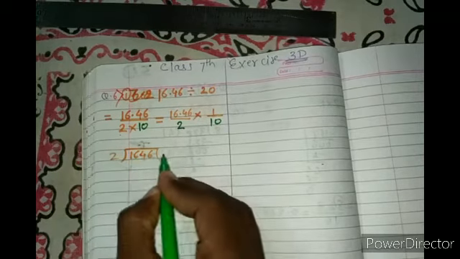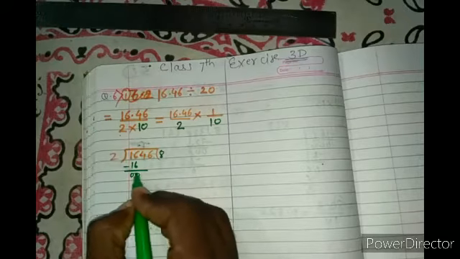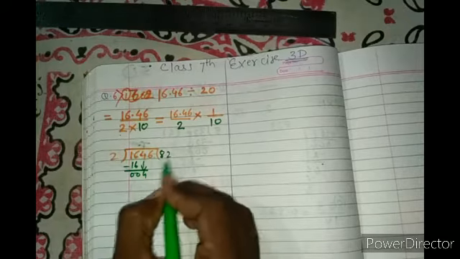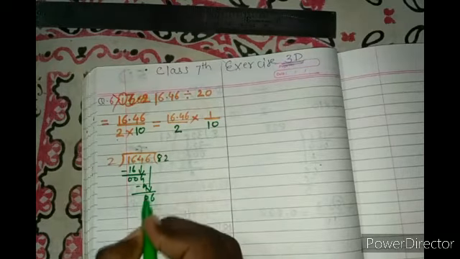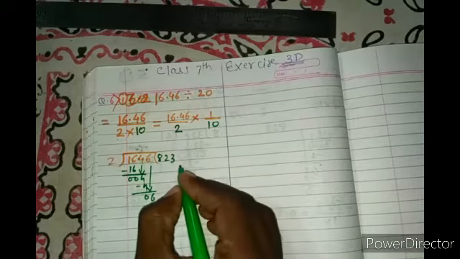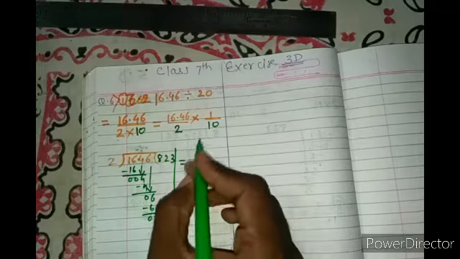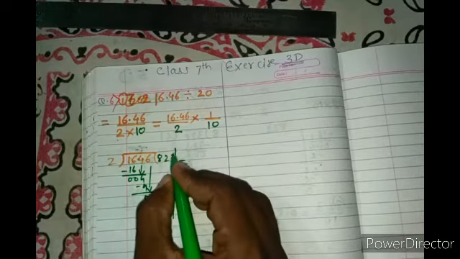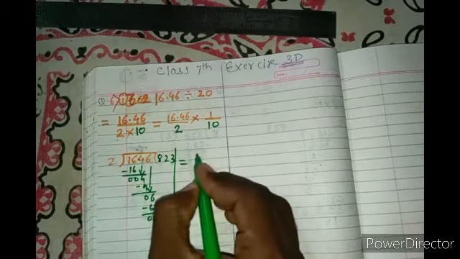Now 2 eights are 16, 2 twos are 4, and 2 threes are 6. Now the answer is 823. We have to place the decimal point here also.